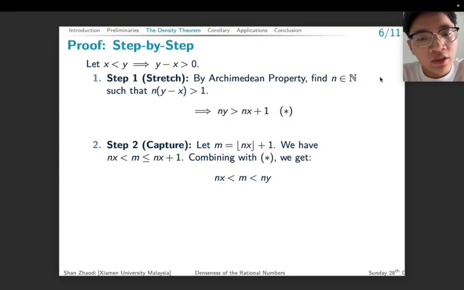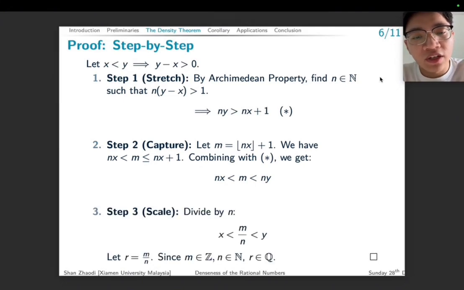Let's pick m to be the floor of nx plus 1. By definition, this m is just slightly larger than nx. Because our gap is wider than 1, this m must still be smaller than ny. So we have successfully captured an integer m such that m is larger than nx and smaller than ny.